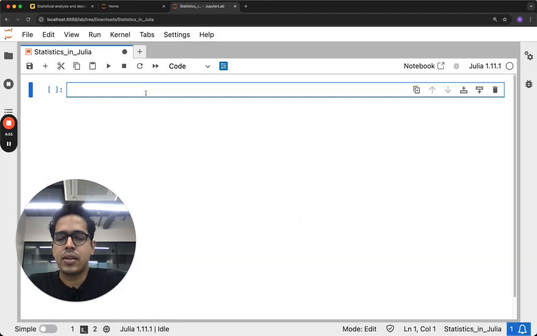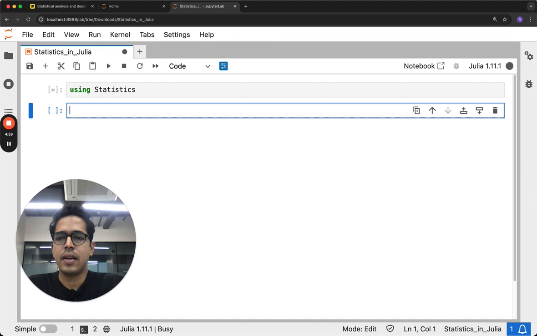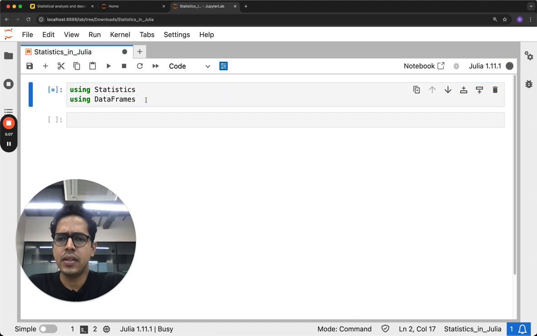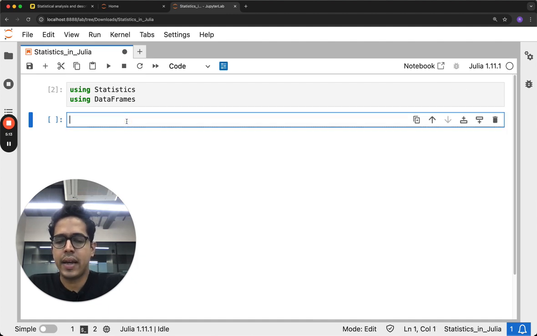And now let's import the two packages: using Statistics, and in the same code block I can write using DataFrames. Then let's run this, and once this is done we can define a data frame.